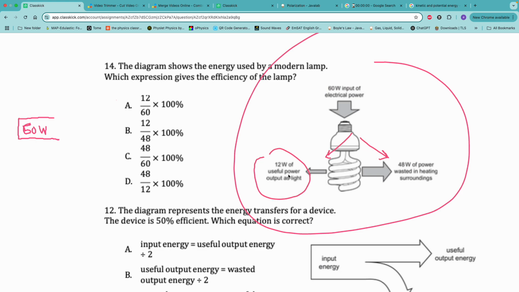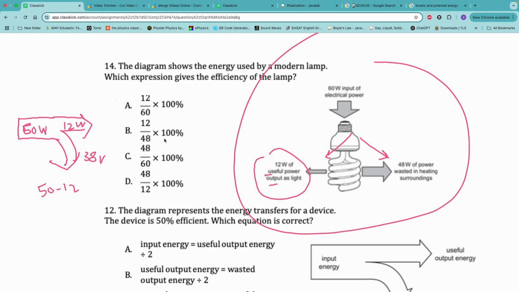This is the useful energy because it's written here, useful energy. So it will be 12 watt. Then the rest, which is 50 minus 12, will be wasted, which is 38 watt.